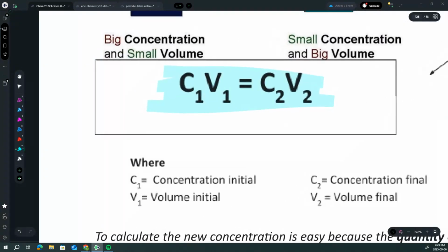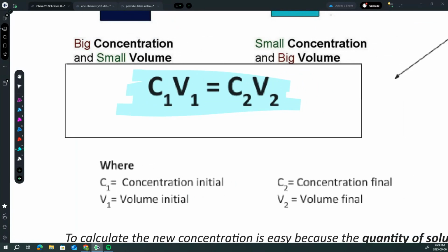Another thing that I find helpful for students is imagining that C1V1 is your original or initial solution that you're starting off with, whereas C2V2 you can think of as your final solution.